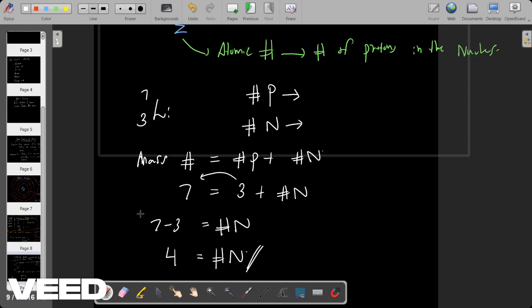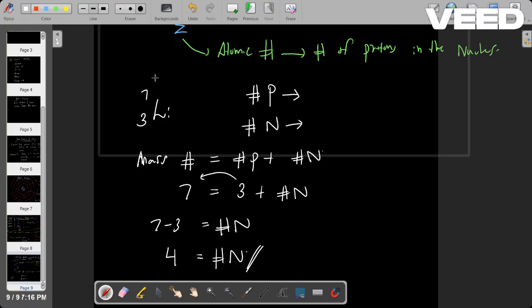And you must be wondering what about the electrons. Remember, later I will tell you. If there's no charge here, you know, no ions. For example, there is something like lithium 2 plus. This is the ion; later we are learning it. Now over here there's no charge, so we can take it as 0.